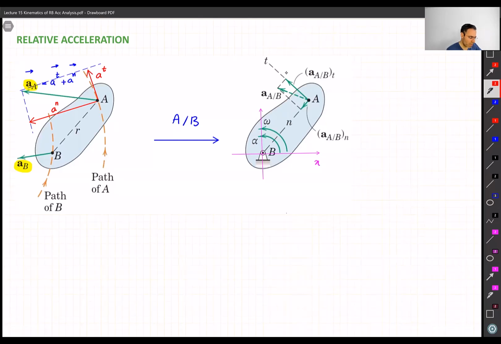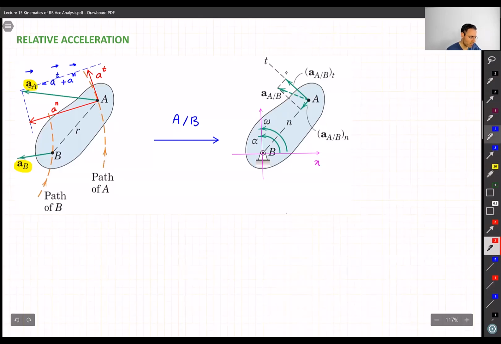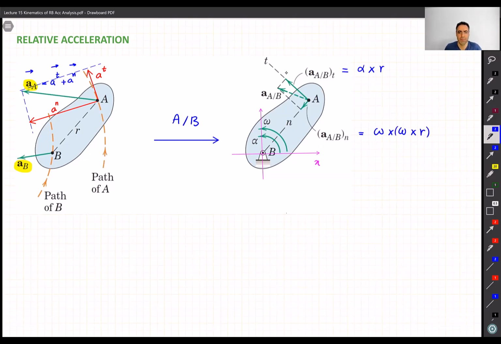So the formula, again, we saw in the previous lecture that AT has a formula, it is alpha cross R. And AN also has a formula, it is omega cross omega cross R, right? And we show it like that.